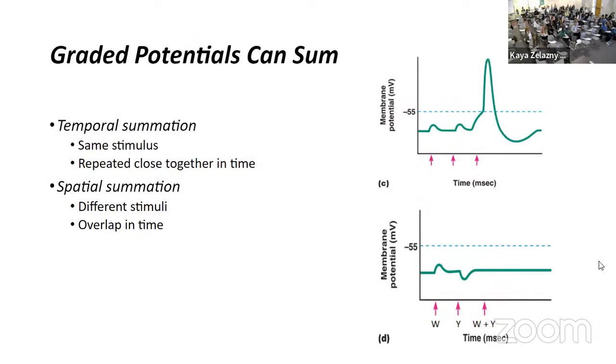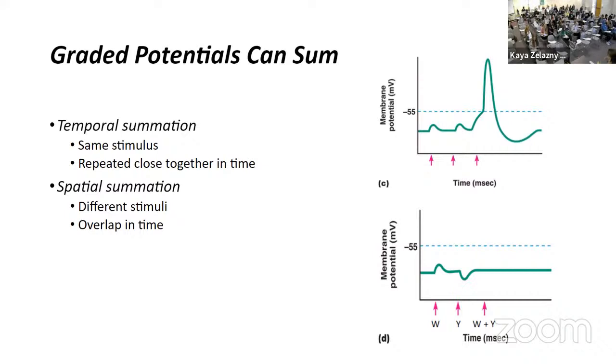So back to our graded potentials. Our graded potentials are going to be little changes to our membrane potential, and we're going to try and add them up to get to -55 if we want to fire off an action potential. In order to think about how we can add them up, we have to know that graded potentials can sum.